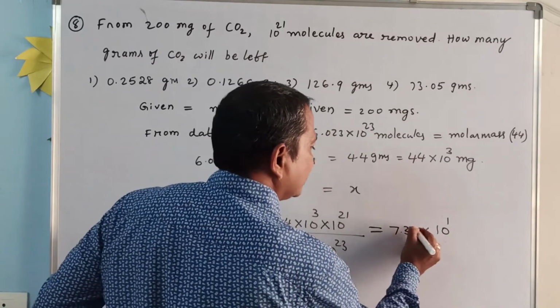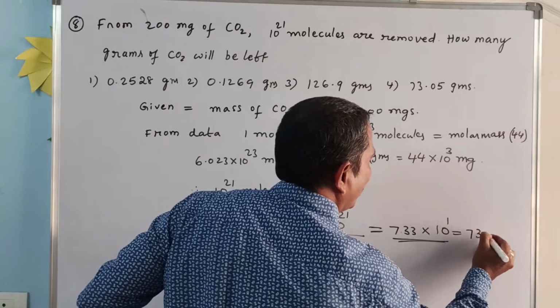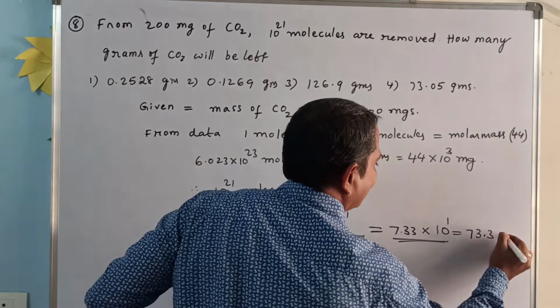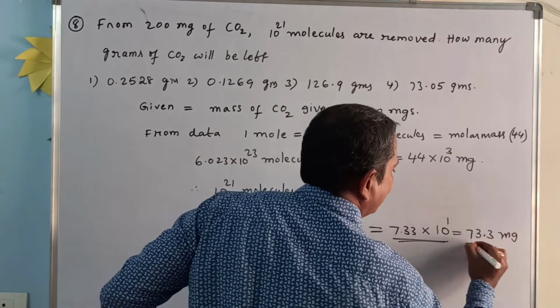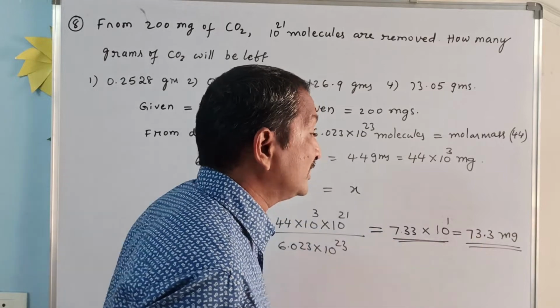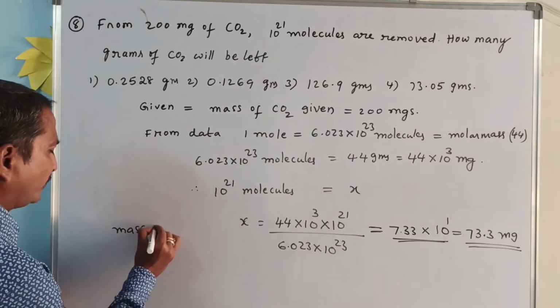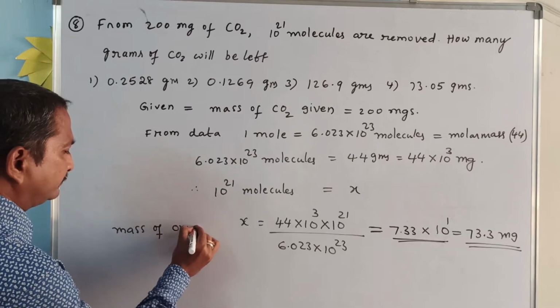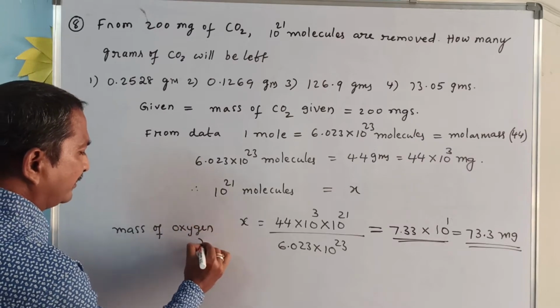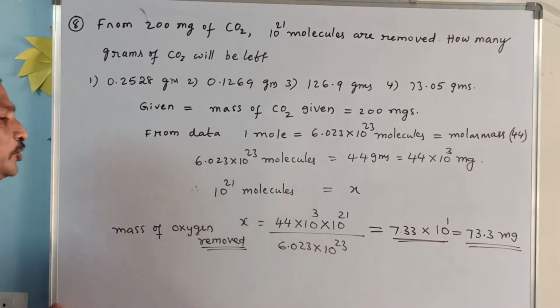Again 7.33 into 10 power 1, that is nothing but 73.3 milligrams. Clear? This is the mass of oxygen removed.